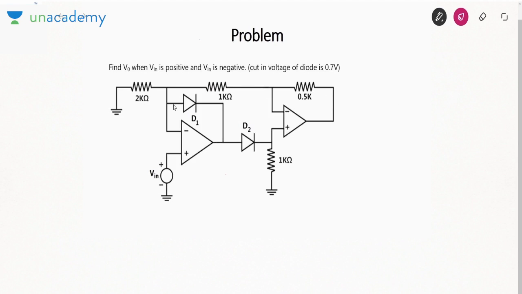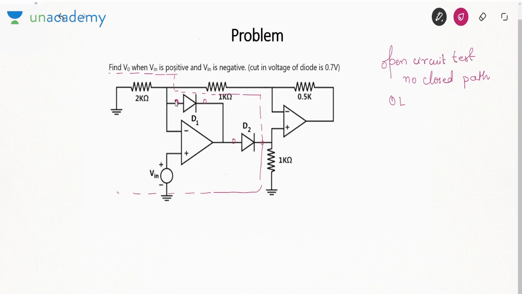Now what I have told you about diode circuits, you apply open circuit test. Just observe this OPAMP. If you open circuit both the diodes, that is we are applying open circuit test, in that case there is no closed path for current flow.